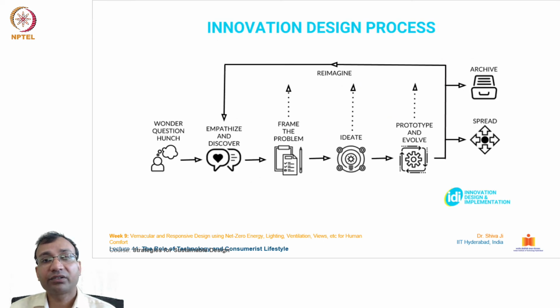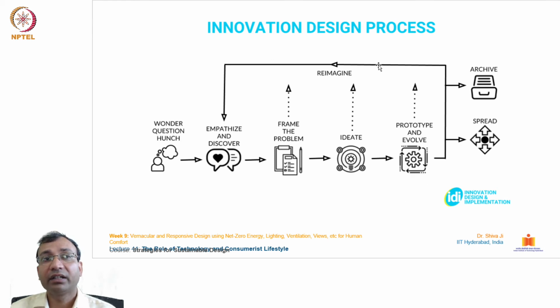Another design innovation process is given over here: questioning, visualizing and understanding the problem, and then empathizing and discovering. Again, these terms are common from the double diamond design process we have seen earlier. And then framing the exact problem, ideating, conceptualizing, designing, detailing, and then prototyping and testing it.